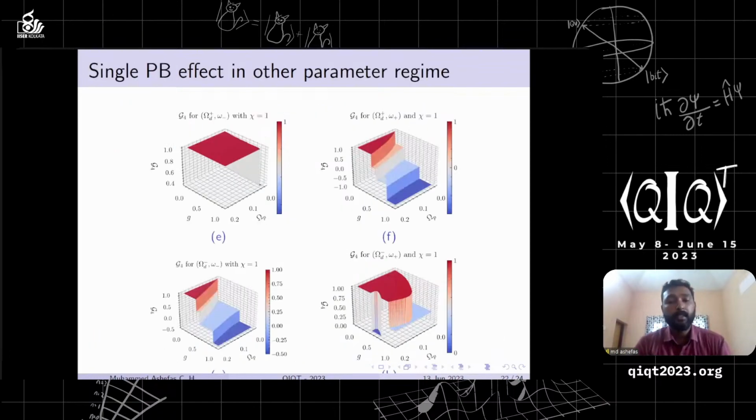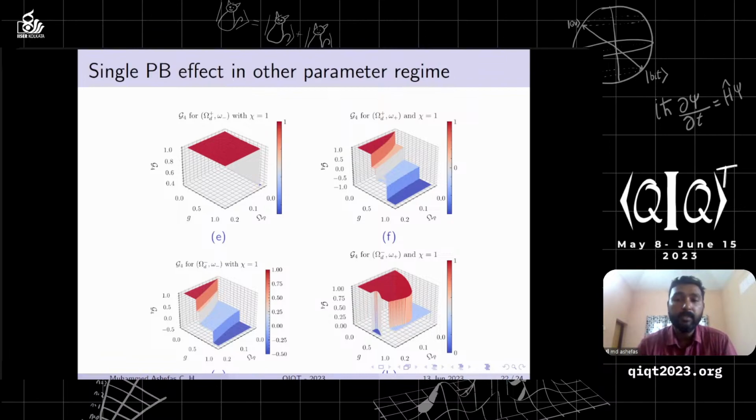And the same thing we have plotted for the different parameter regimes. The omega d plus and omega minus regimes are already shown, and thereafter all the other 4 regimes are also shown here. If chi is 0, then for the other 3 cases, the photon blockade effect was not possible. When chi is non-zero, then at some parameter regime we get G4 equal to 1.